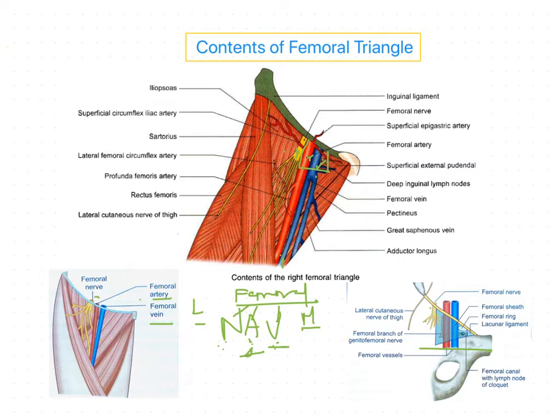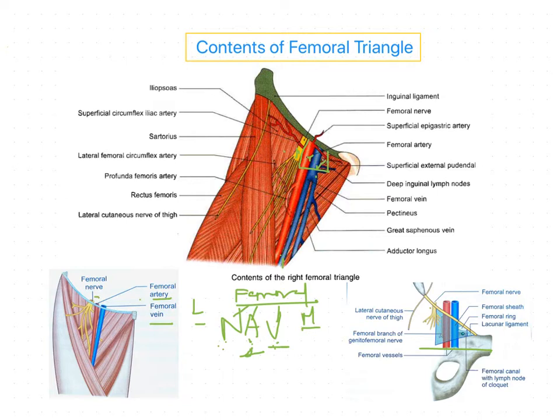The nerve is located outside the femoral sheath, but it is located inside the femoral triangle. This femoral nerve is located in the groove between iliacus and psoas major muscles.